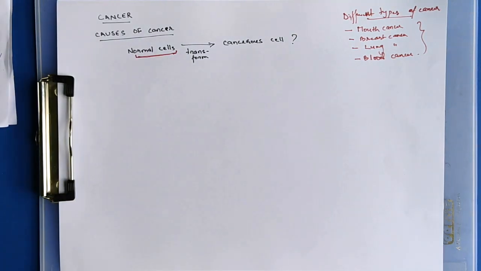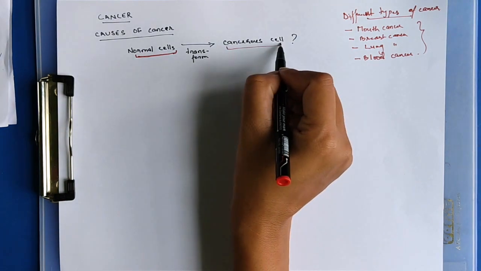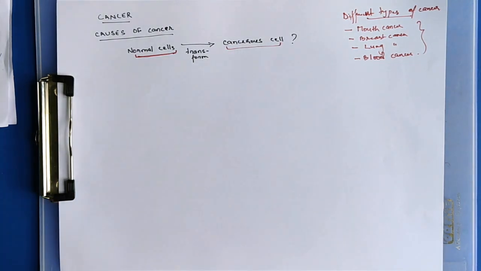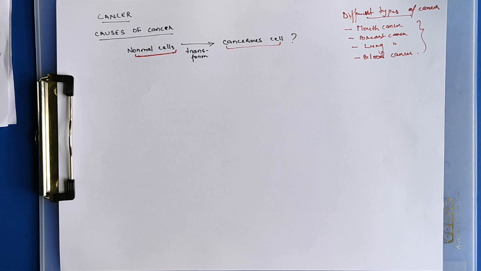Sometimes, due to some factors or agents, these normal cells are transformed into cancerous cells. Cancerous cells just grow and keep on dividing without stopping.